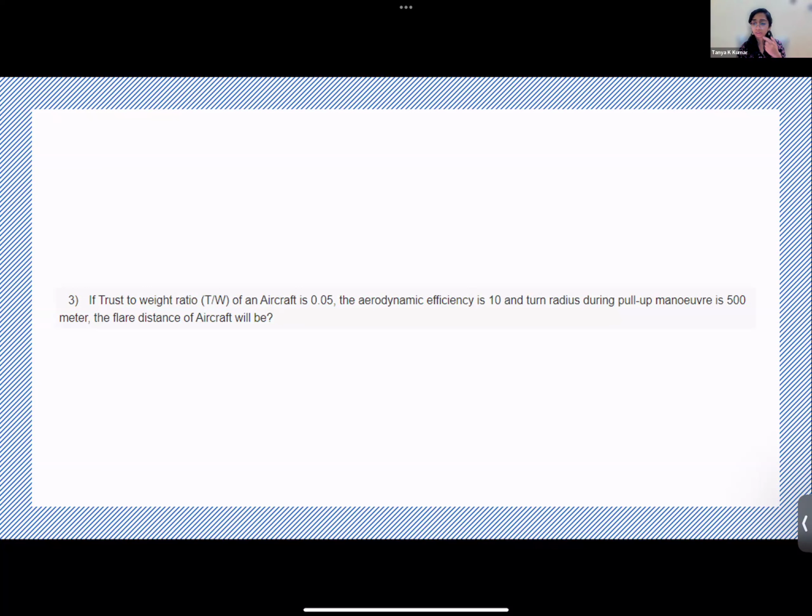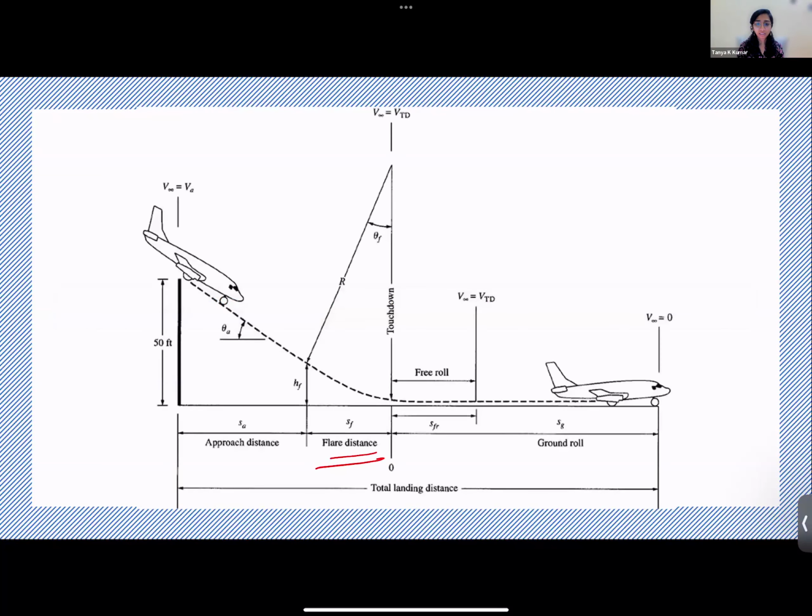Okay. One clue here is that, so in this profile, the approach angle and the flare angle are the same. Okay, if you take the same, imagine this during a pull-up maneuver. Okay, try doing it now. That is the clue. The theta approach and theta flare are same. You do it now. Finding the approach angle we had seen in the last week.